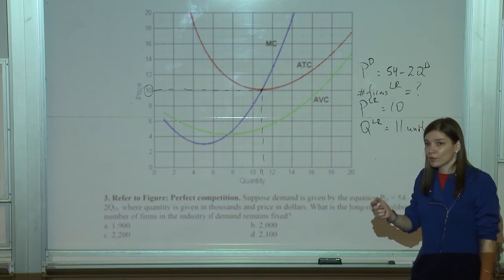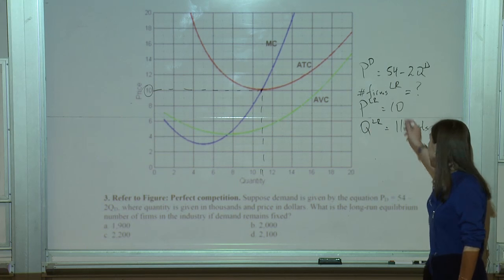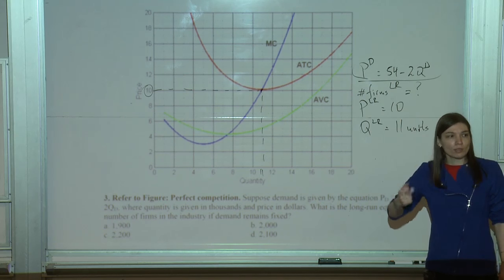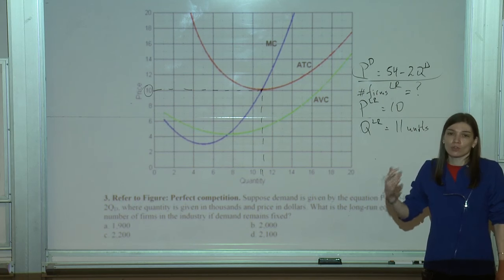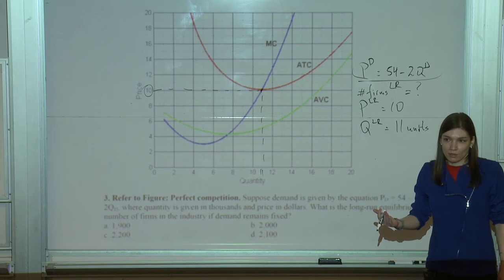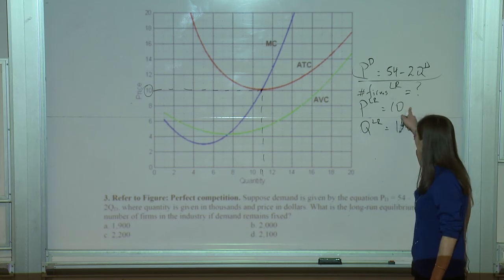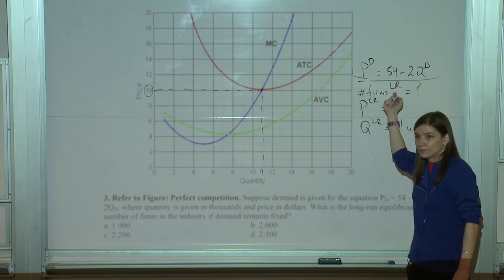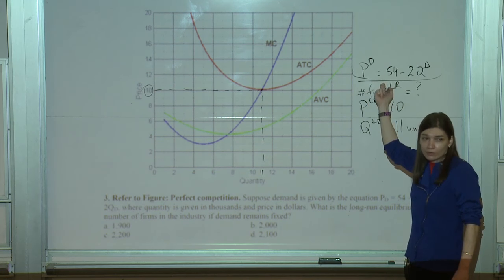I also need to know what the market demand is. So now I need to find how many units consumers are going to demand in the long run at that price. I know the price is going to be 10. If I plug in 10 in the demand equation, I'm going to find the total market demand. True? This is the demand curve.